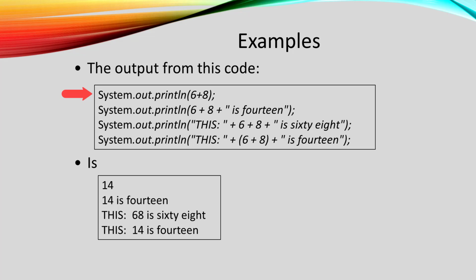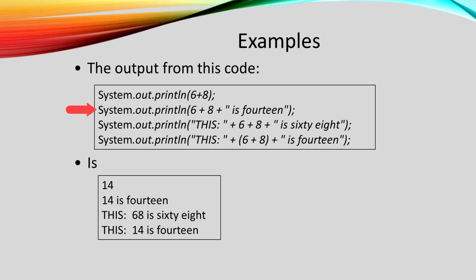In the first example, System.out.println(6 + 8), both of the operands on that plus sign are numbers. We know how to add them, so the plus sign is addition. The result is 14, and we output the number 14. In the second one, there are two plus signs, so we're going to evaluate them from left to right.